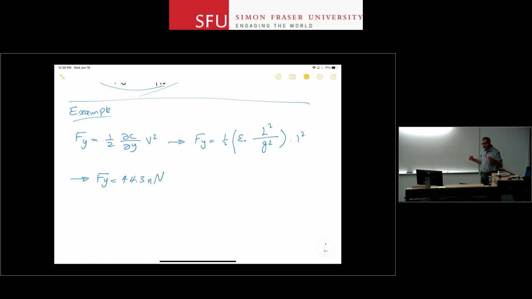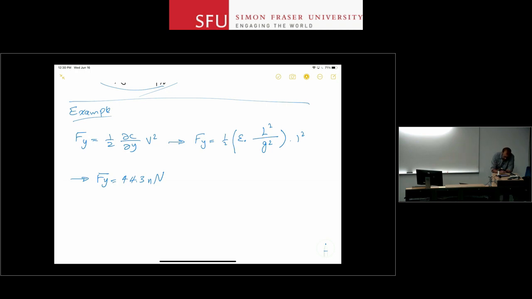At macro scales, that's not noticeable at all. You're talking about a 50 nanonewton force on a square meter plate. You cannot even measure it or sense it. So at macro scale, this is essentially pointless.